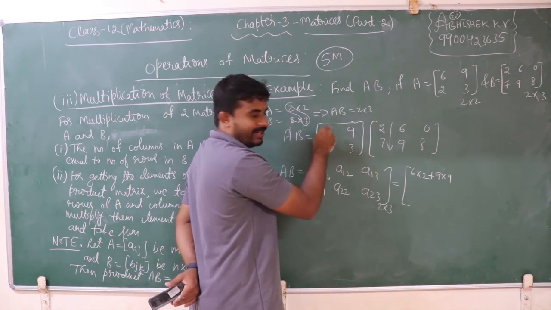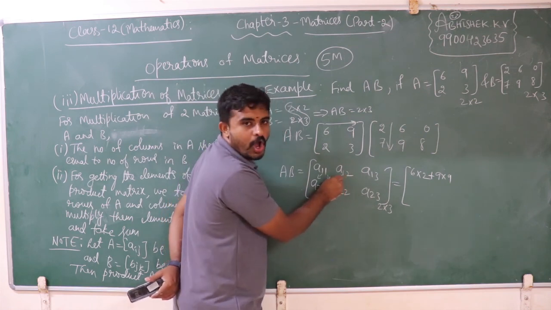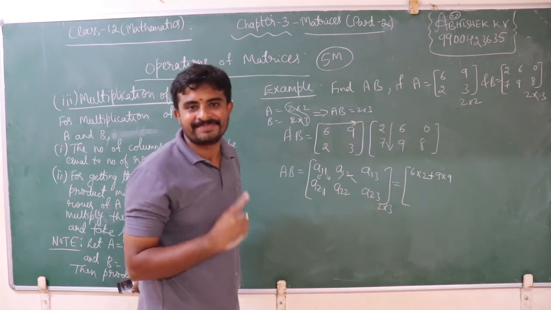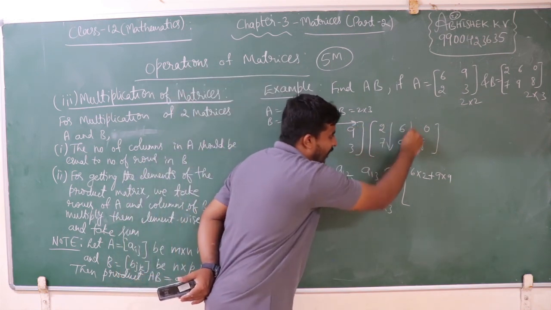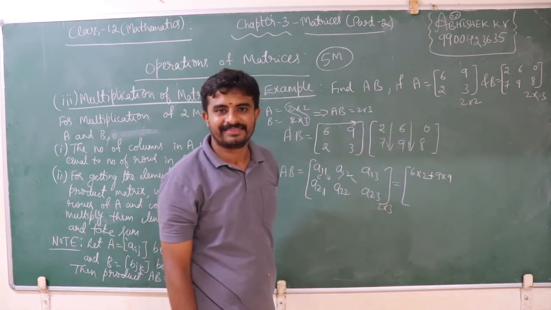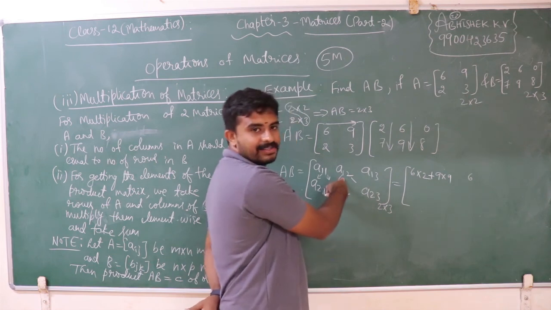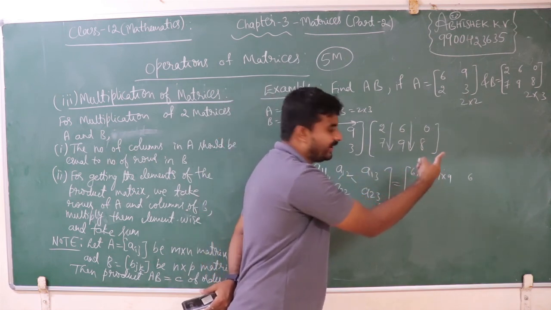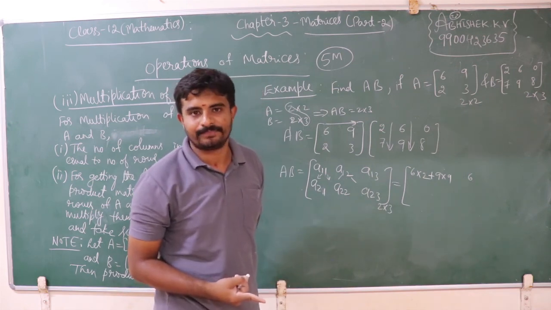Then again, this row, A12, right? First row of matrix A, second column of matrix B. See, first row of matrix A, second column of matrix B. Therefore, see, this is the next element, a separate element. This one element is 6 into 2 plus 9 into 9. Multiply element wise, take their sum.